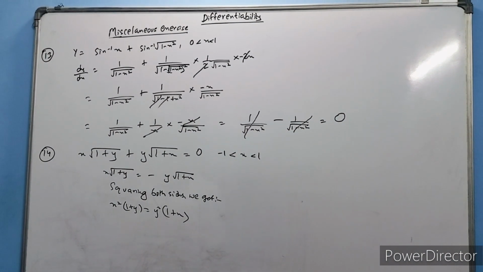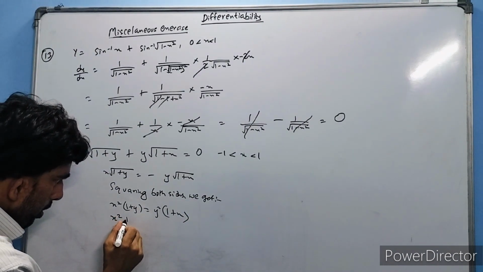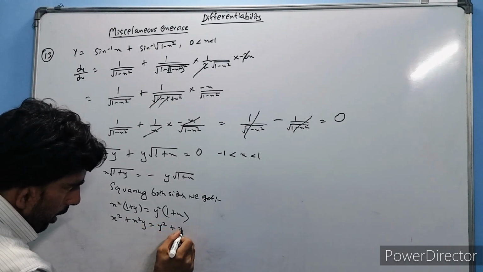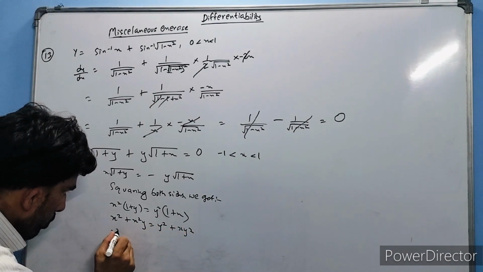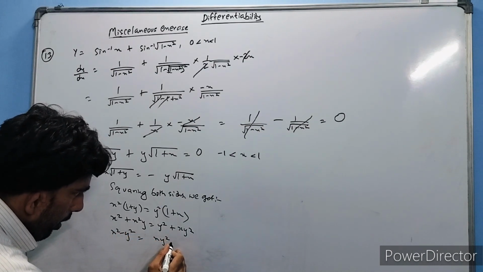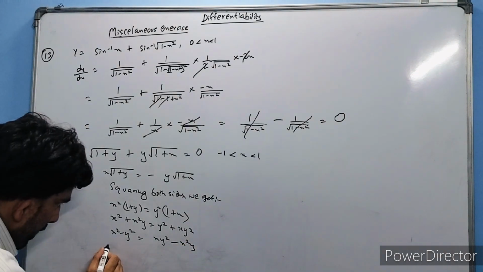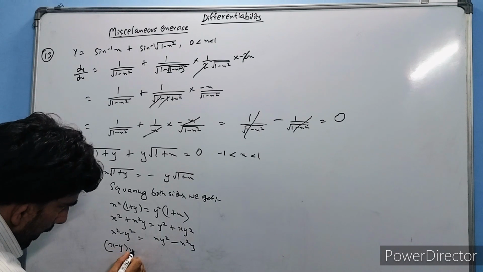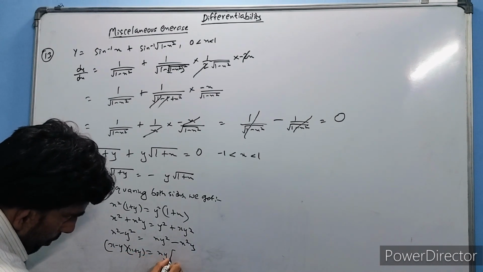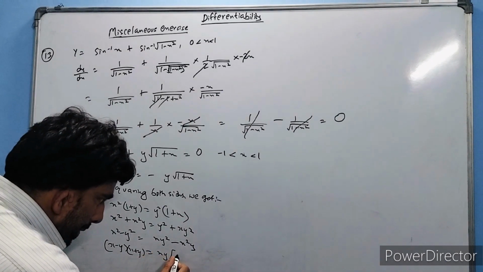Now the next step is to multiply inside: x square plus x square y is equal to y square plus x y square. We take that side: x square minus y square is equal to x y square minus x square y. So we can take x minus y, x plus y, and take xy common on the other side, giving y minus x.